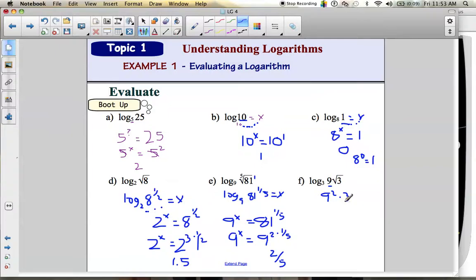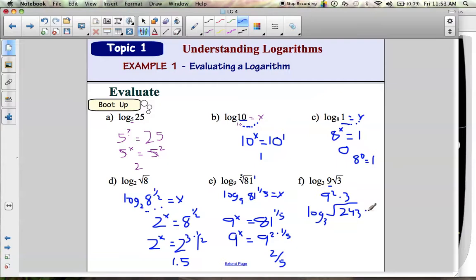What's that answer? 81 times 3 equals 243. So now 243 is my entire radical. And now just put the log, and it's base 3.